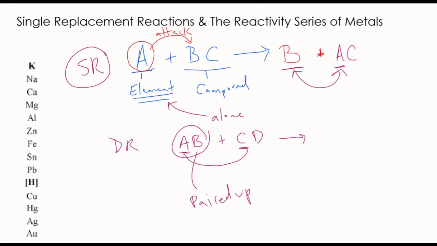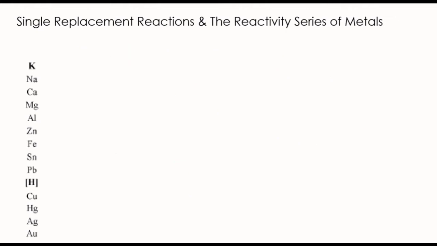Okay, so single replacement, they're alone. Double replacement, they both have pairs. Similarly, they will both switch. So in this case, the A and the C switch spots. So that's just kind of a quick comparison between those two. Today we're going to focus just on single replacement reactions.